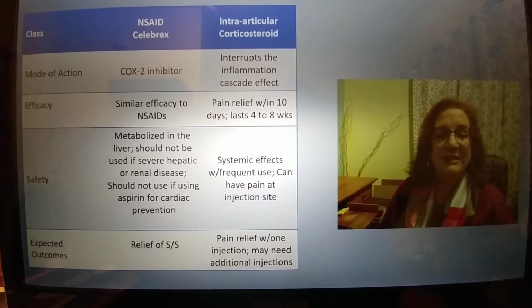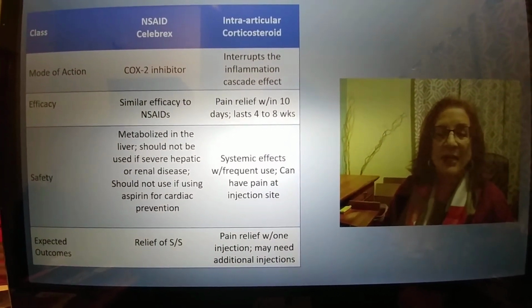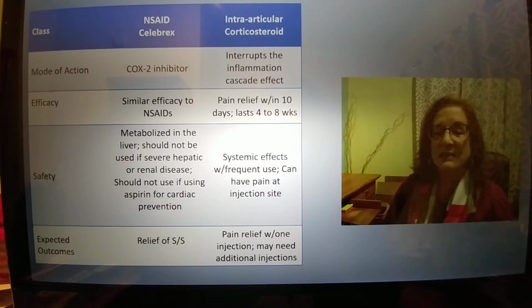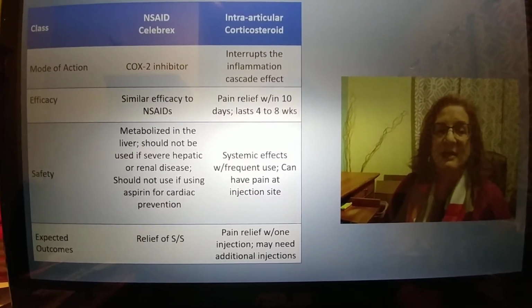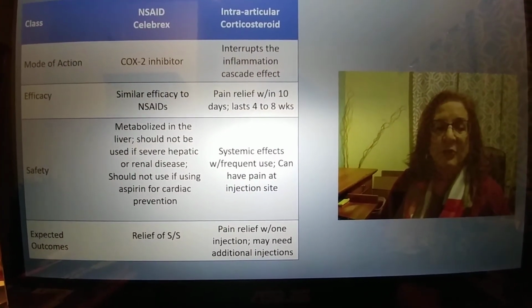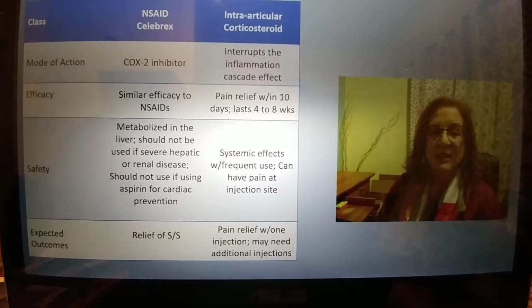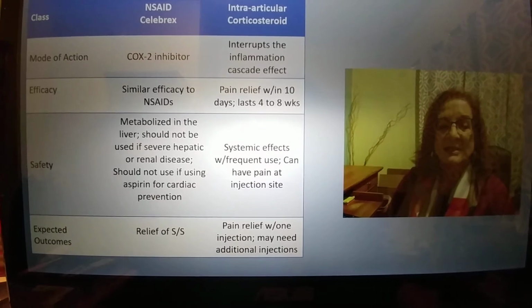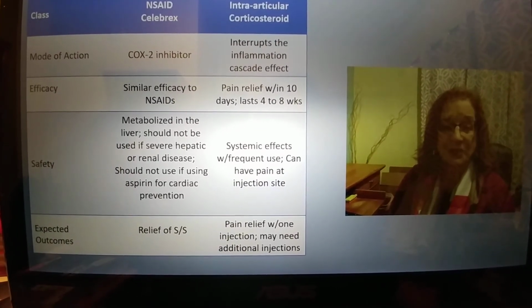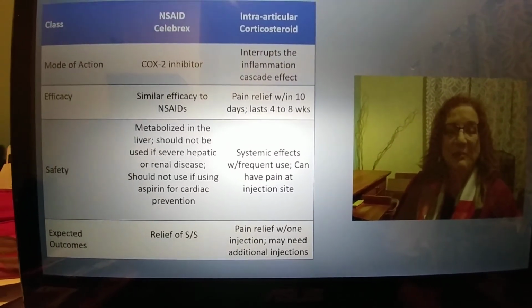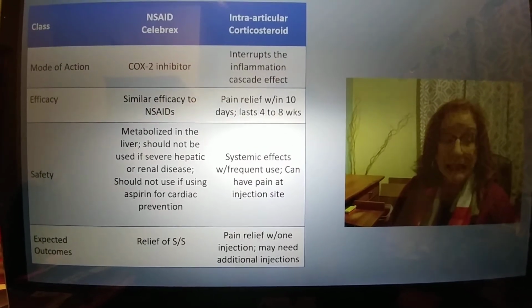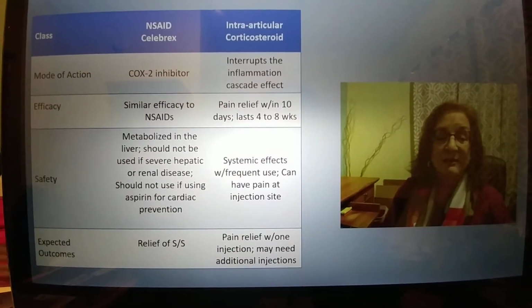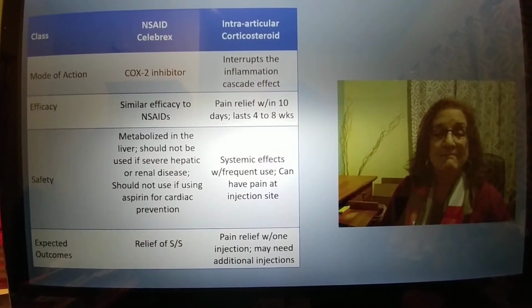As far as efficacy, Celebrex is similar to the efficacy from other NSAIDs. With the corticosteroids, usually there's pain relief within 7 to 10 days after the injection, and that pain relief can last 4 to 8 weeks.